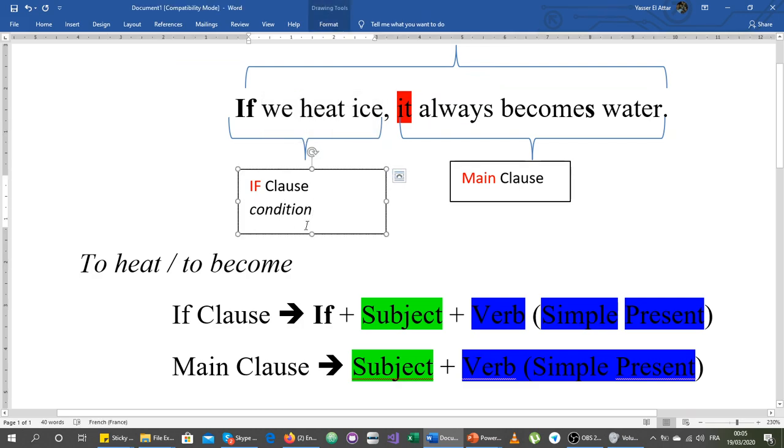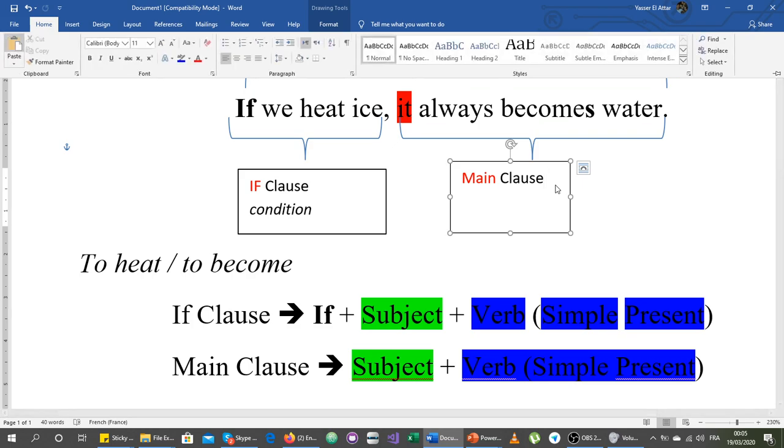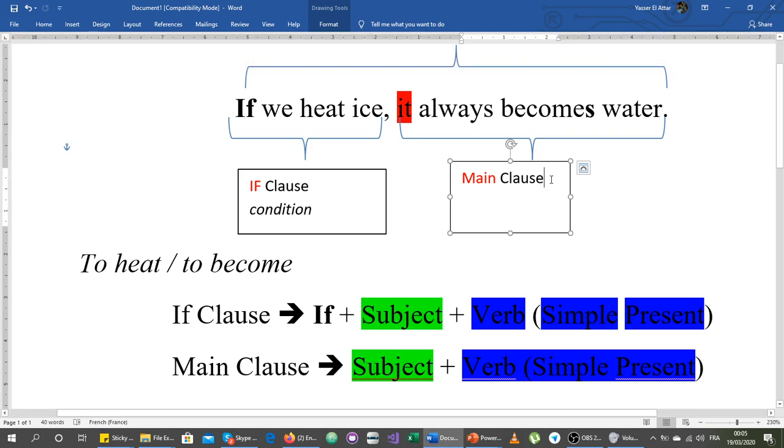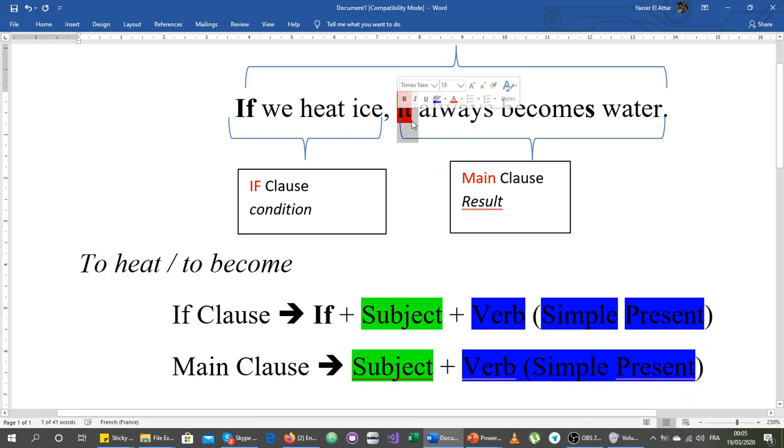If this condition is true, we have here what happens after that, which is the result. You take ice, put it on the fire, so what happens? The ice becomes water.